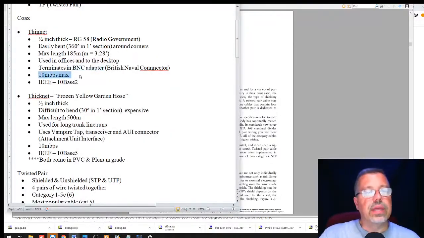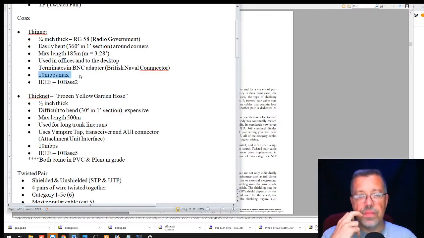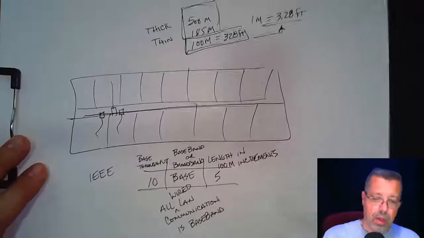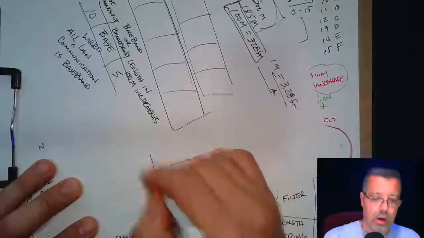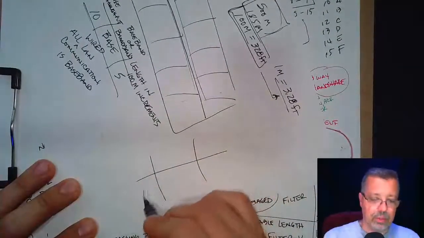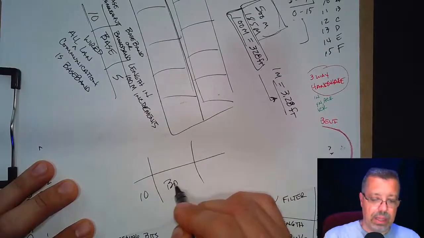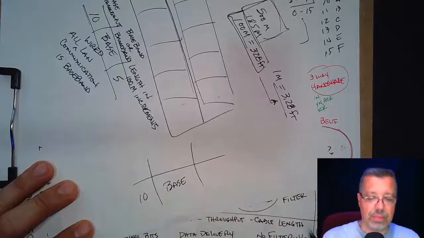And it's standard Ethernet, so Ethernet was 10 megabit, then we had Fast Ethernet at 100, and then we had Gigabit Ethernet and 10 Gig Ethernet from there. So going back to our IEEE name: because it was 10 megabit, it's baseband, because everything we have is base.